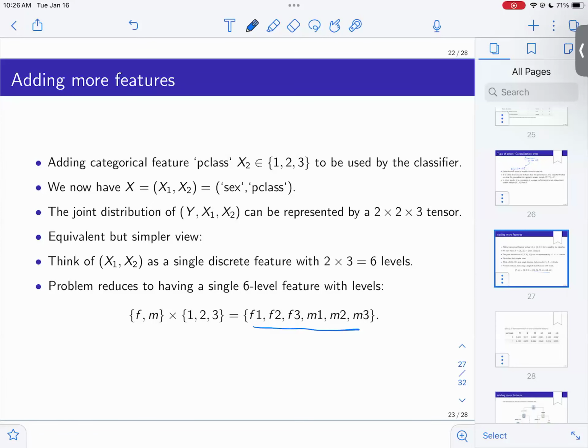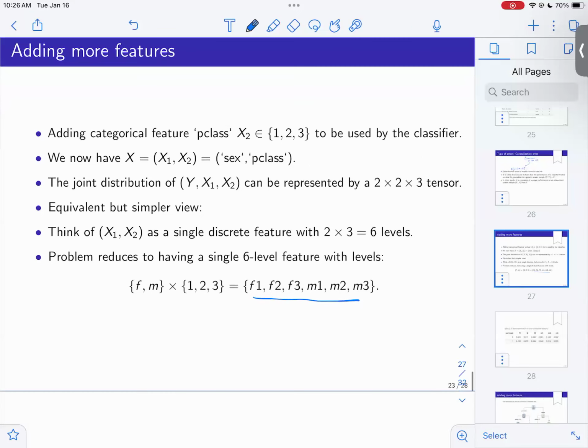Then I can compute the joint distribution, for example, which is going to have y on one side, and then this new x, let's call this x prime, on this side. You'd have 0, 1, and then all these levels.